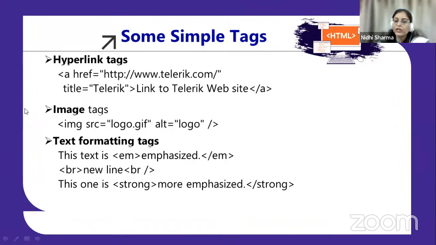Then, we can have images on the website. For images, we use the img tag. With the img tag, we use the attribute src, which is source. That means if the user clicks on that particular text which is being displayed there, then the logo.gif image should be opened.